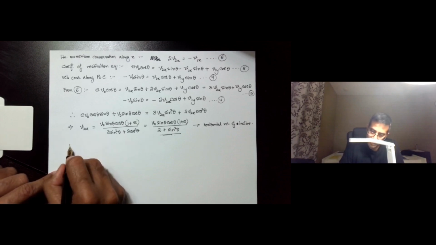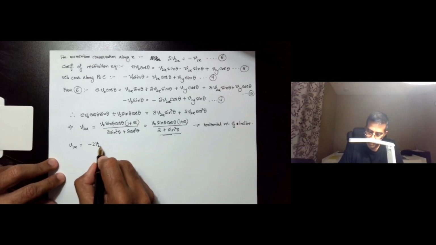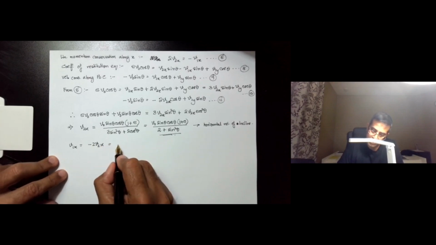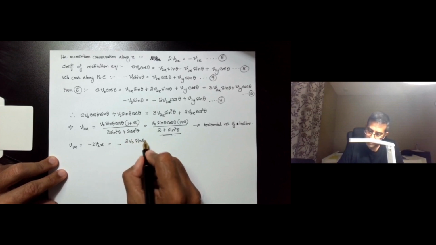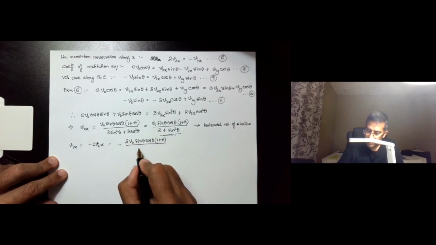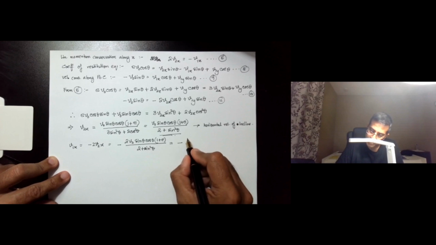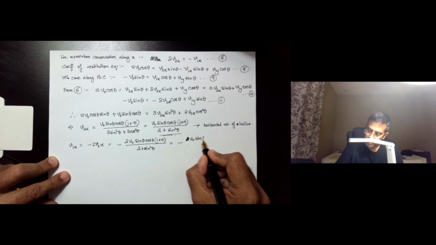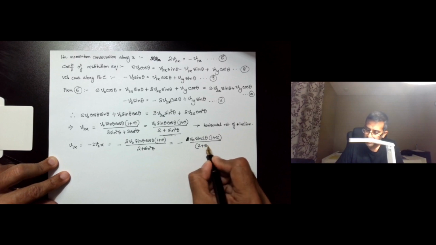After the impact, v1x becomes minus 2v2x, so that is minus 2v0 sine theta cosine theta times 1 plus e divided by 2 plus sine squared theta, or rather minus v0 sine 2 theta times 1 plus e divided by 2 plus sine squared theta.